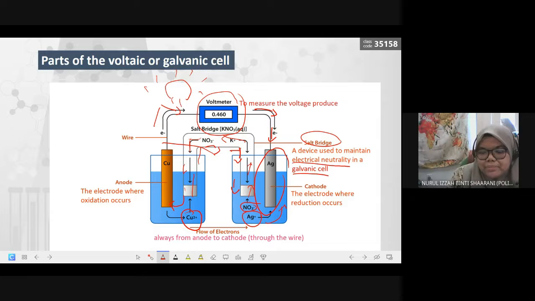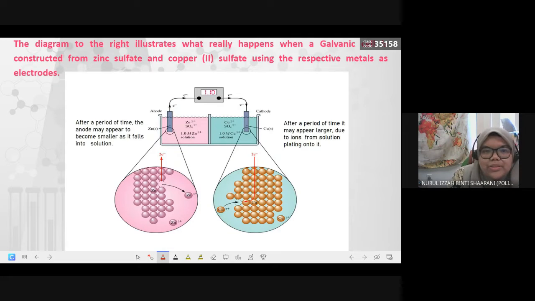So this is simple, easy for us to understand. Okay, so the diagram to the right illustrates what really happens when a galvanic cell is constructed from zinc and copper sulfate, using the respective metal as an electrode. These are the chemical reactions that happen. As we know, a galvanic cell is a spontaneous reaction.